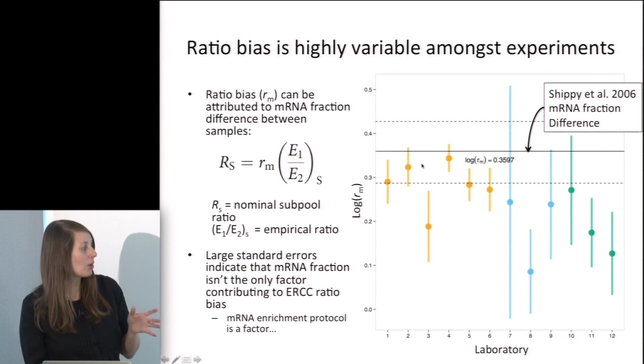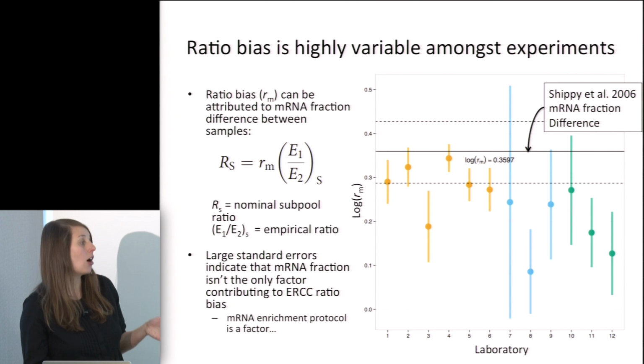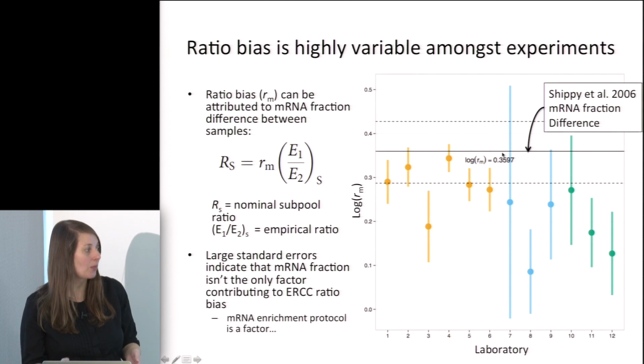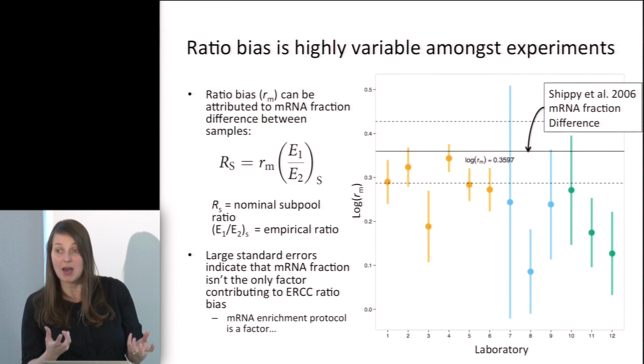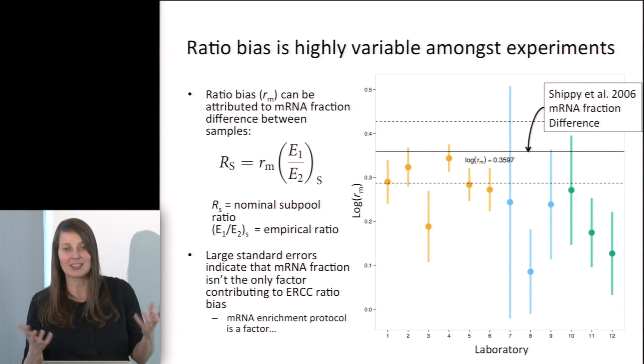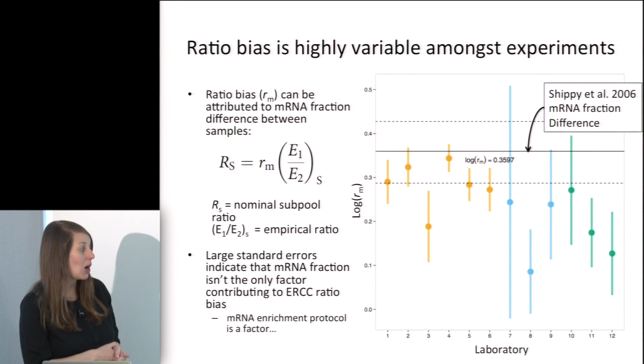And so what we're looking at here in this figure is comparing the R sub m values across the different measurement processes, and also comparing them to a value that was measured empirically in this paper by Shippy and colleagues in 2006, where they actually measured the mRNA difference between these commercially available human reference RNA samples.